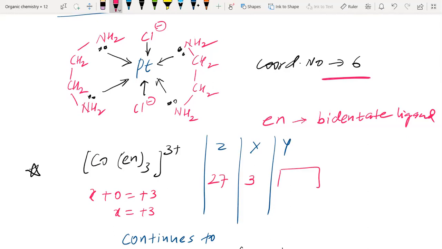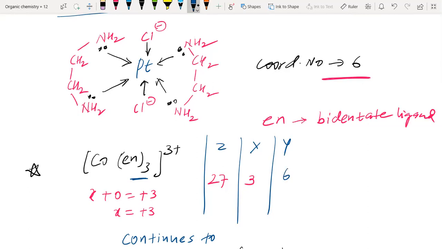Now, very important, I want to explain the number of electrons accepted. How do we get that? What is the coordination number here? The coordination number in this case is 6. How come? The number is 3, but this is a bidentate ligand, so the coordination number is 6.